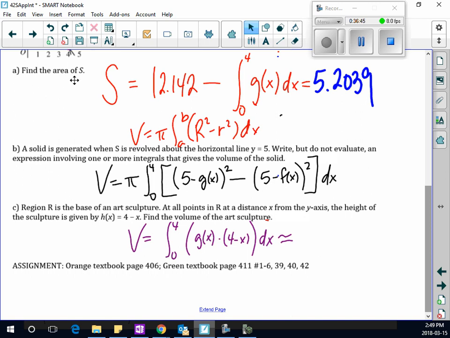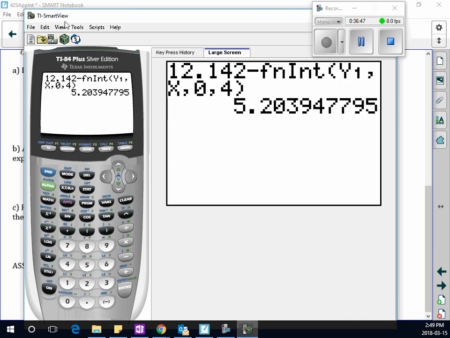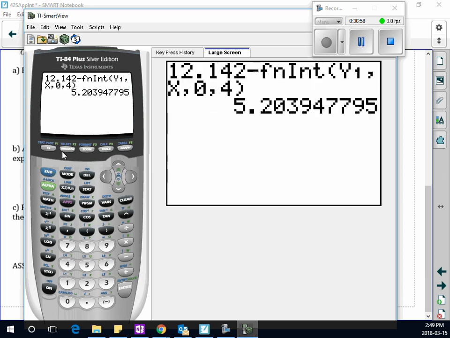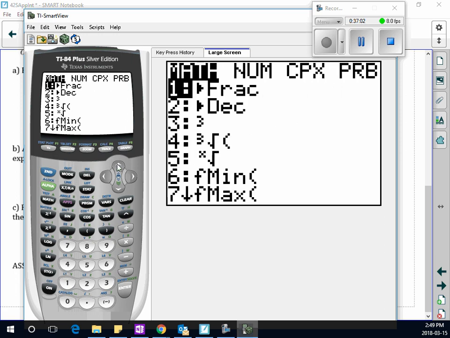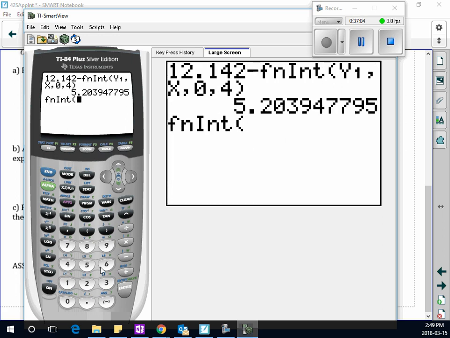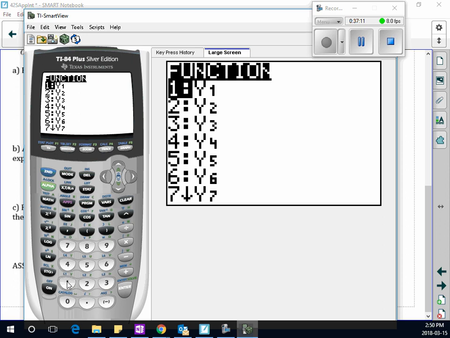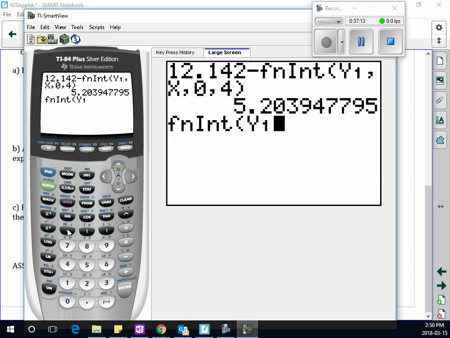Okay, so I'm done before you. Stop it. Okay, so my g of x was my y1. So this is going to be math 9. Some of you are even better at the calculator keystrokes than me at this point, but using a mouse to do this does.